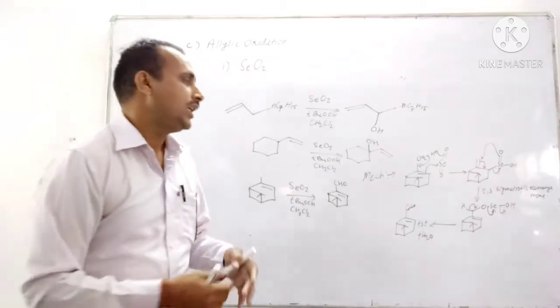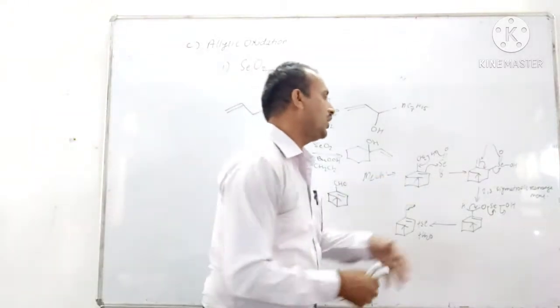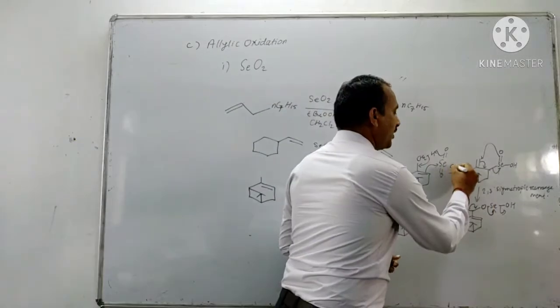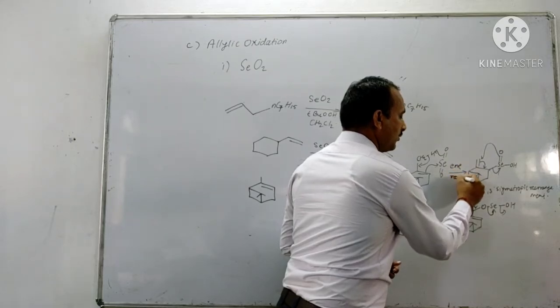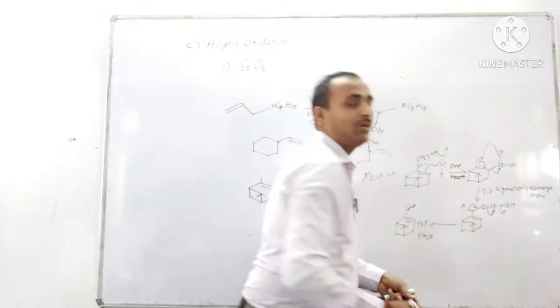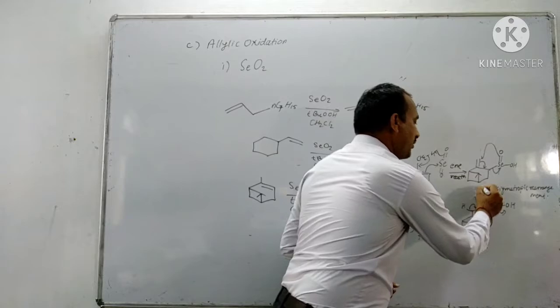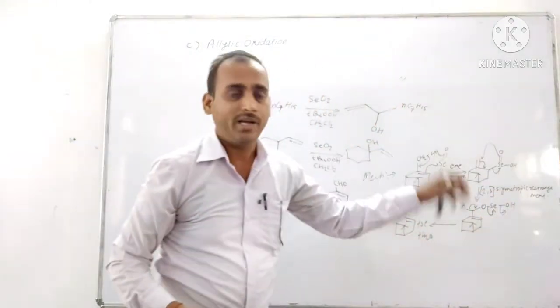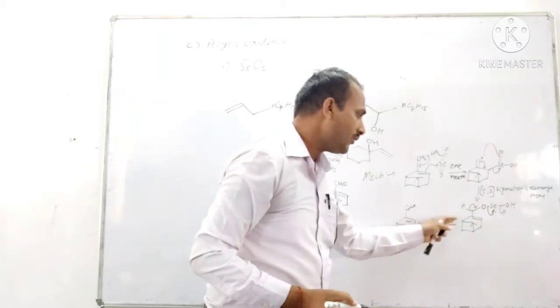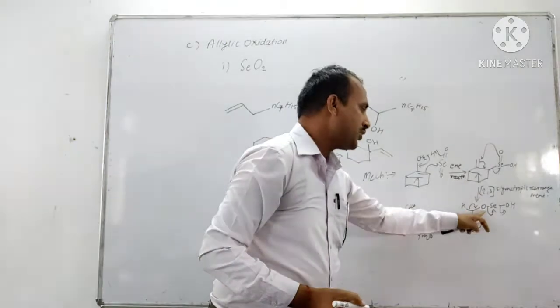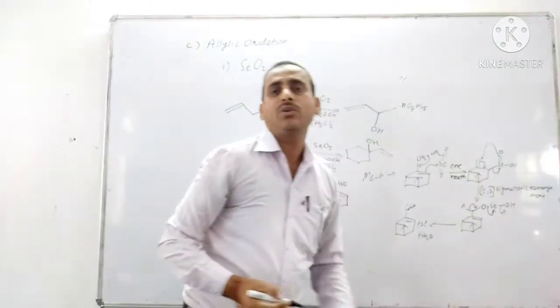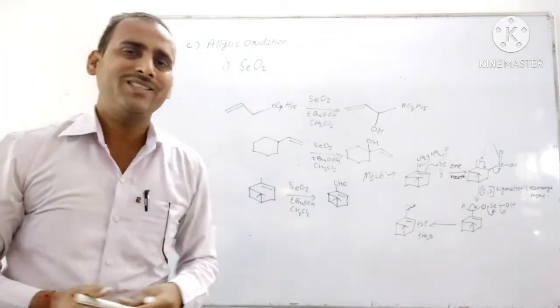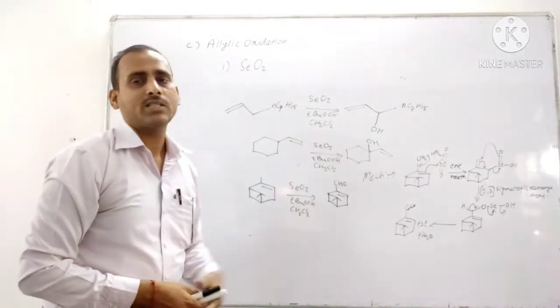First in the mechanism there is the ene reaction, and after the ene reaction there is 2,3 sigmatropic rearrangement, and then the formation of C double bond O, Se and OH. So this is the mechanism for these reactions.